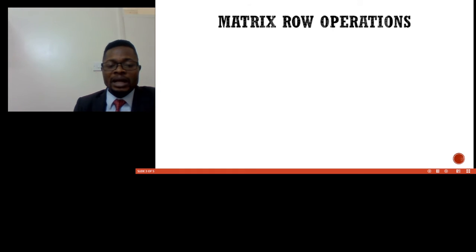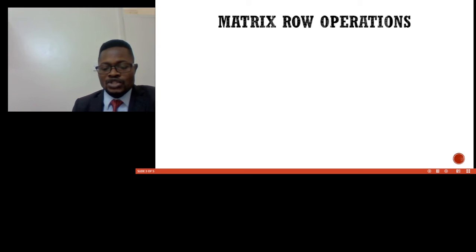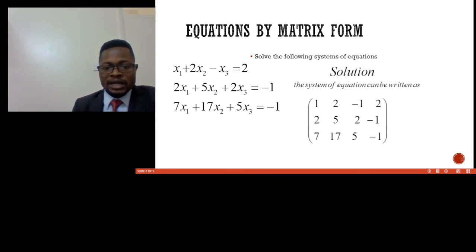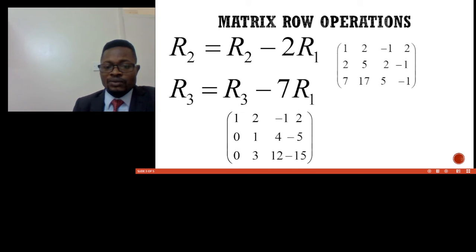Now we apply the matrix row operation. Our target is to make 2, 7, and 17 equal to 0. So if we make these 2, 7, 17 to be 0, what are we going to do? Row 1 is okay.